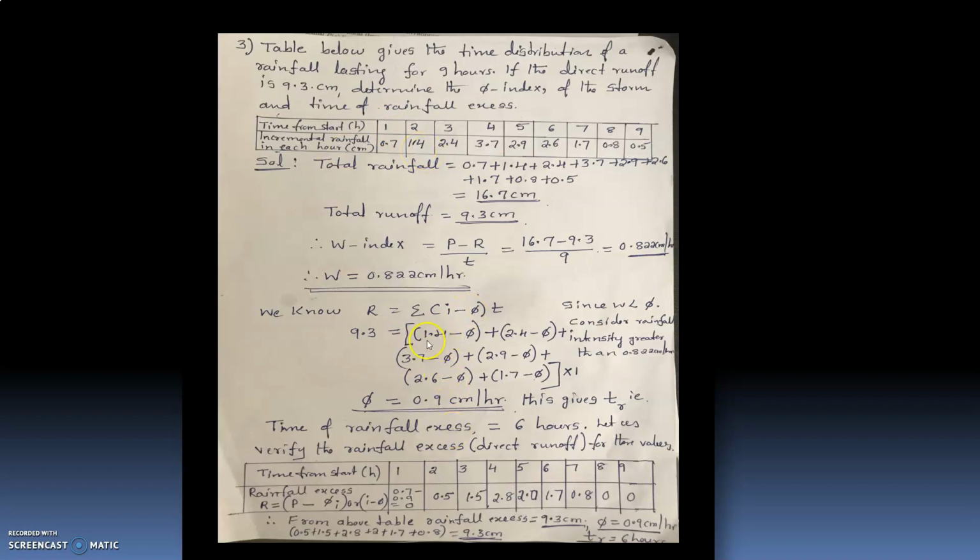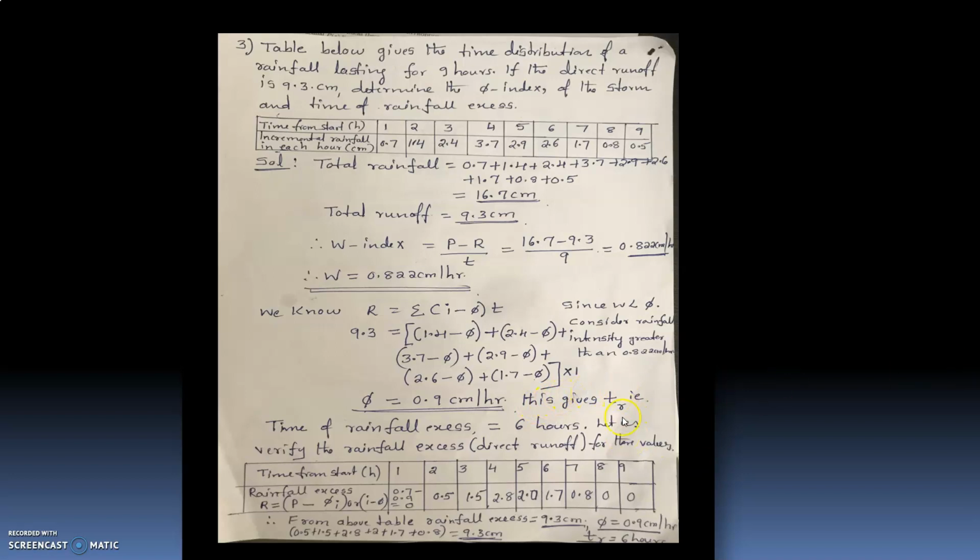So I is equal to 1.4 minus phi plus the next value 2.4 minus phi plus 3.7 minus phi plus 2.9 minus phi plus 2.6 minus phi plus 1.7 minus phi, into time. Time it is given in hour, so that is equal to 1. Time is in 1 hour. So when you simplify this, you will get phi is equal to 0.9 centimeter per hour.